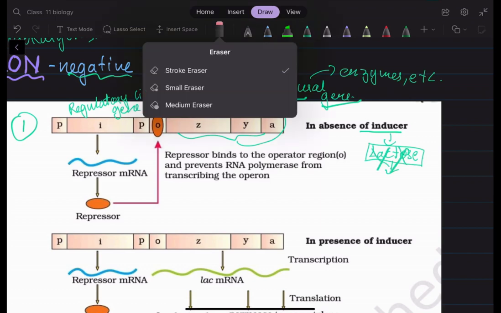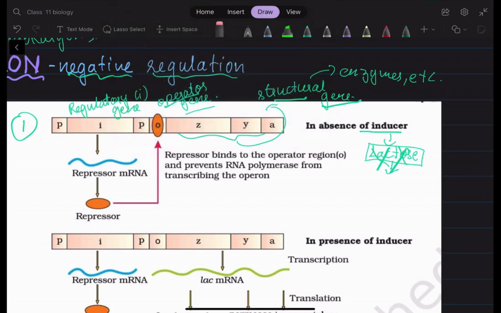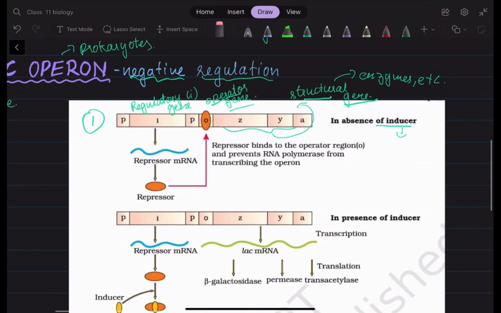So there is no need of the enzyme for breaking this lactose being produced. So whenever there is lactose, we need that enzyme which breaks down the lactose. Whenever the lactose is not present, we do not need the enzyme which breaks down the lactose.